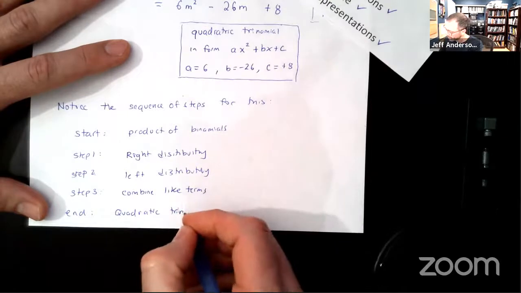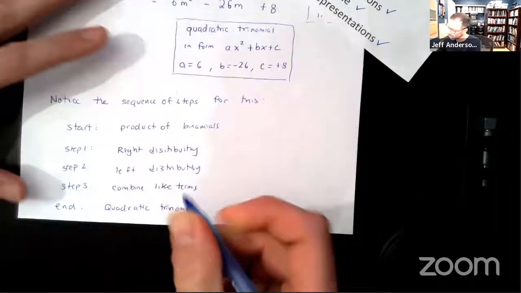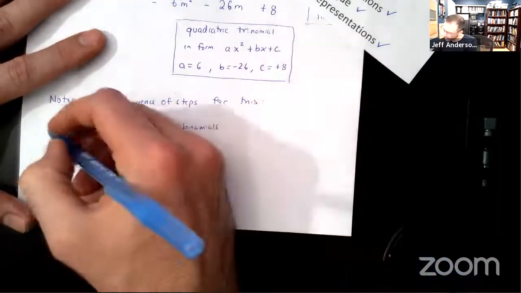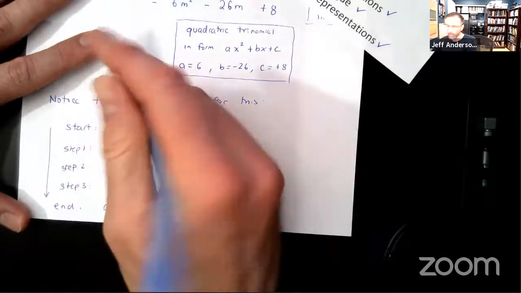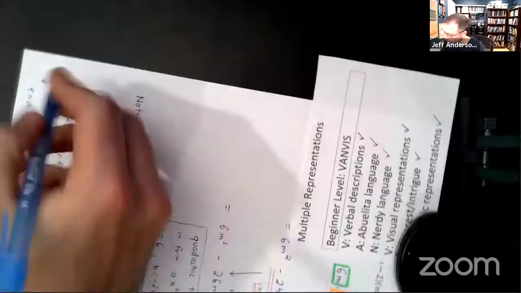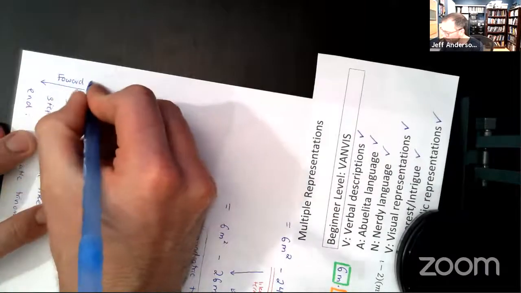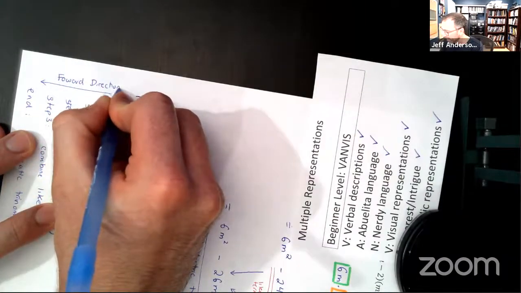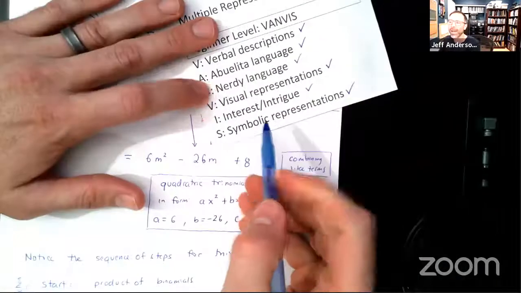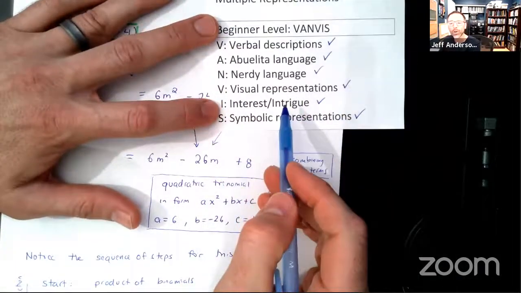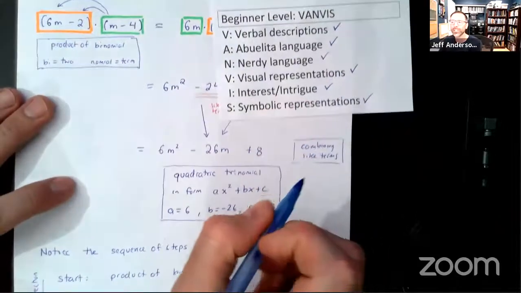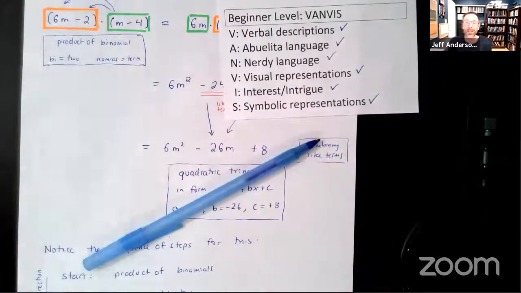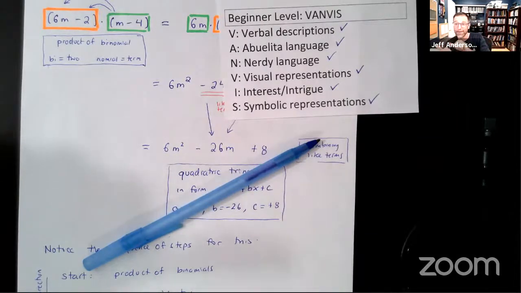Okay. So this is what we're going to call the forward direction. And I want to sharpen what you might call a pattern of intrigue or a pattern of interest in algebra, which is that when we go forward, we also think about going backwards.